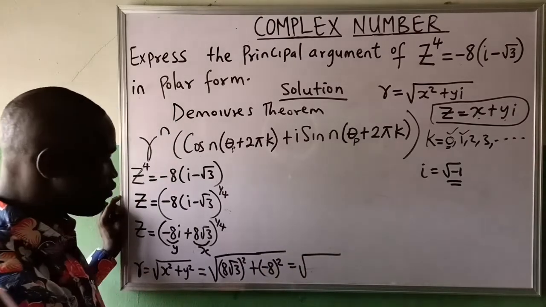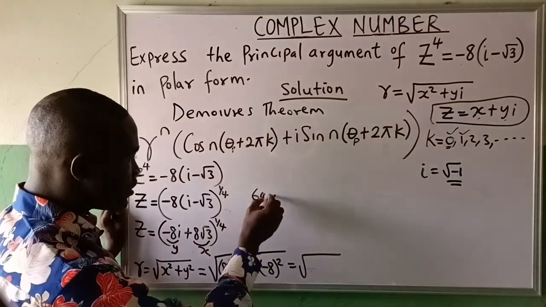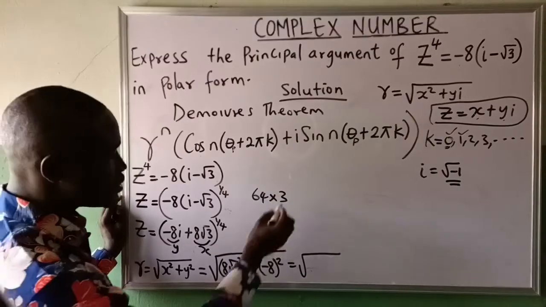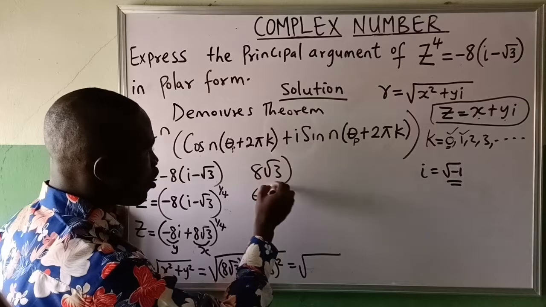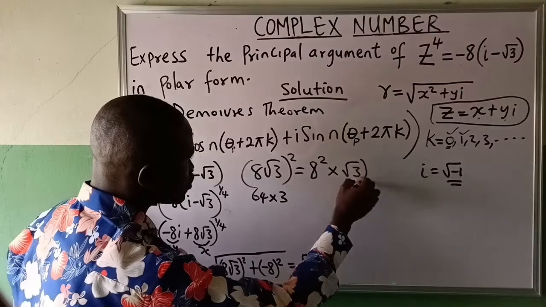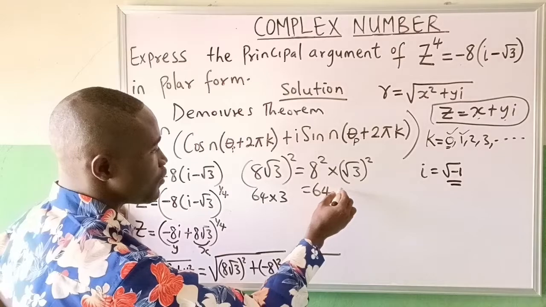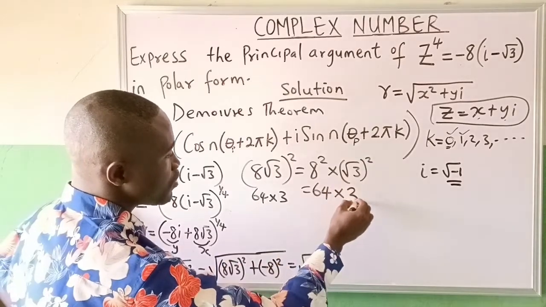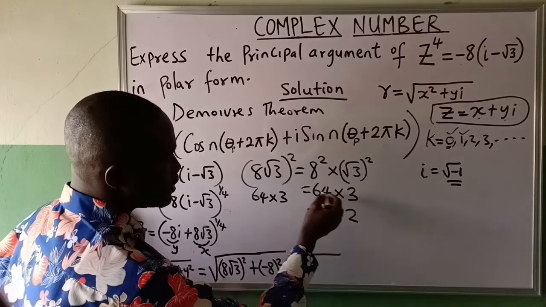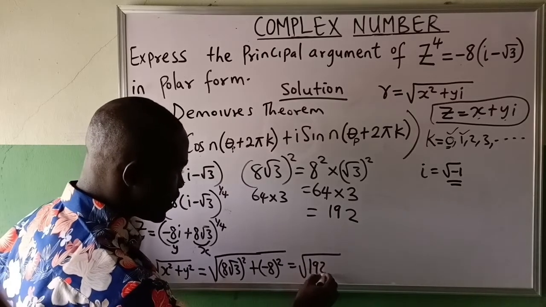So look at what it will give me. 8 root 3 all squared means 8 squared times root 3 squared. 8 squared will be giving you 8 times 8, 64. Root 3 squared will be giving you 3. 3 times 4, 12, carry 1. 3 times 6, 18, plus 1, 192. So we'll be having 192 here.